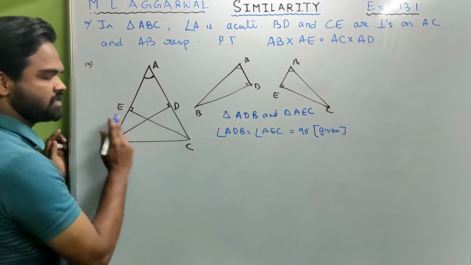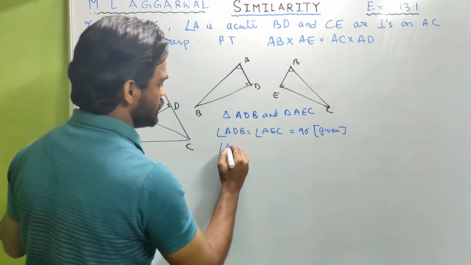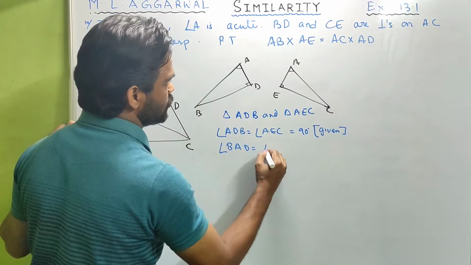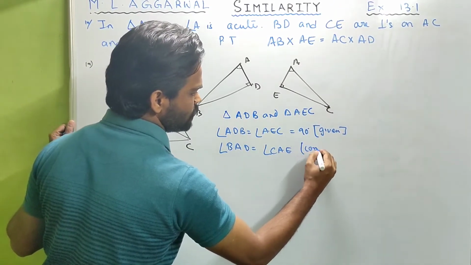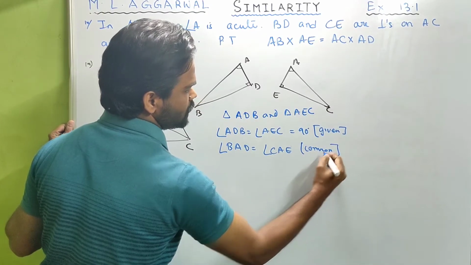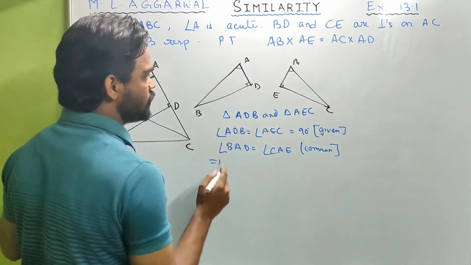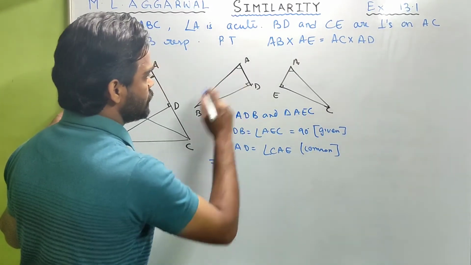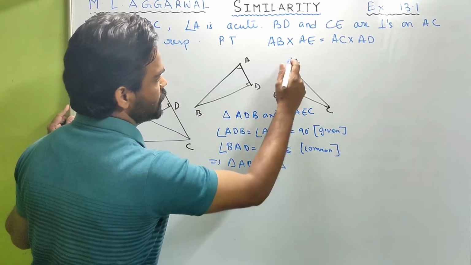Because BD and CE are perpendiculars. Next thing, angle BAD is equal to angle CAE. That's common if you look carefully, isn't it? That's a common angle, which means two angles are equal. So we can say that triangle ABD is similar to triangle ACE.